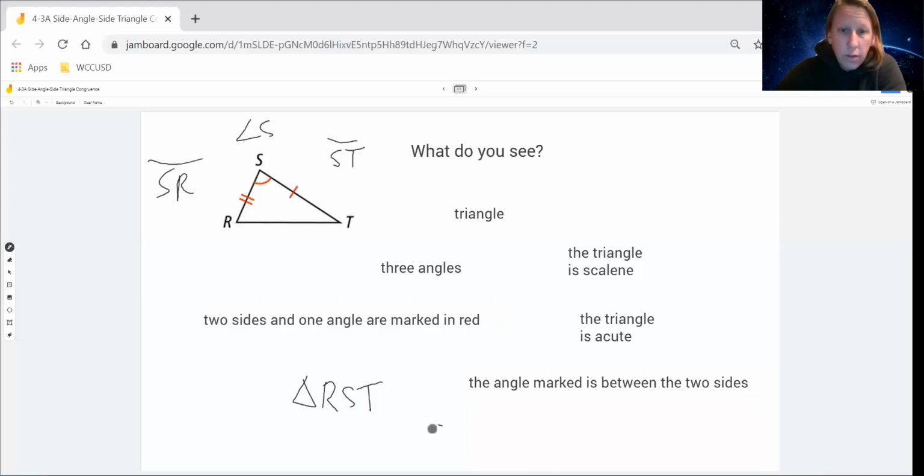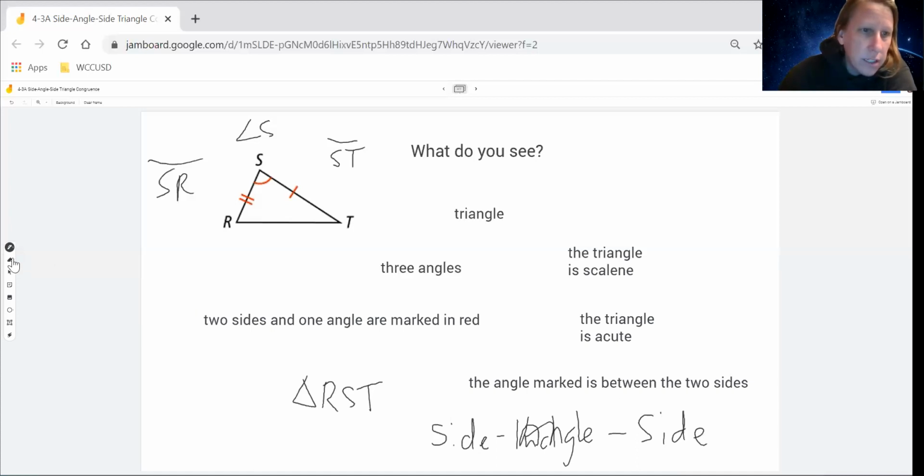So if I see a picture like this, I will say, hey, we have a side. We have an included angle because it's between the 2 sides, and then we have another side. My brain is like, oh, it looks like we have a side, an angle in between, and then another side.